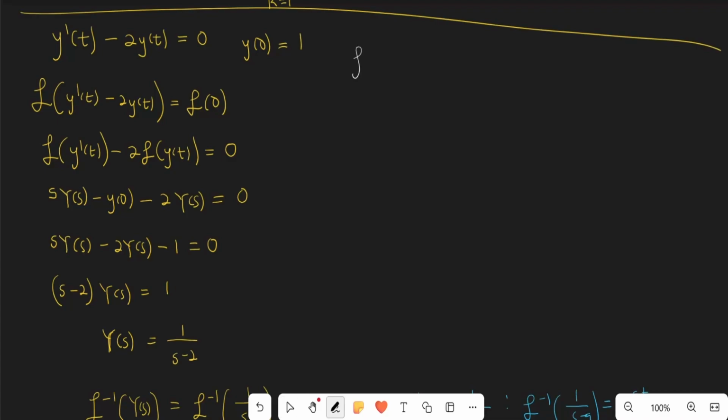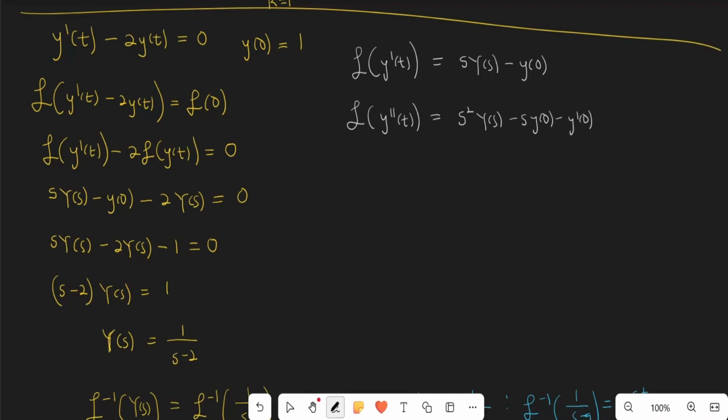So the Laplace transform of y prime of t is equal to s times capital Y of s, which is the Laplace transform of y of t, minus y of 0. The Laplace transform of y double prime of t, that's the second derivative, is s squared Y of s minus s y of 0 minus y prime of 0.